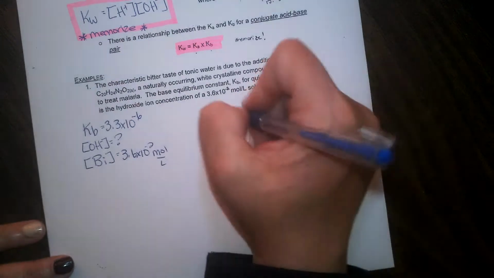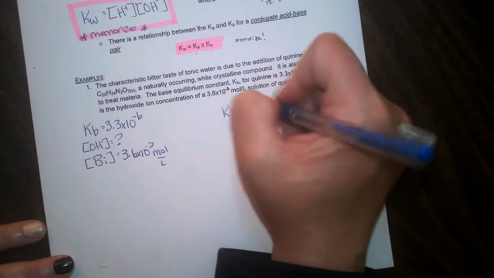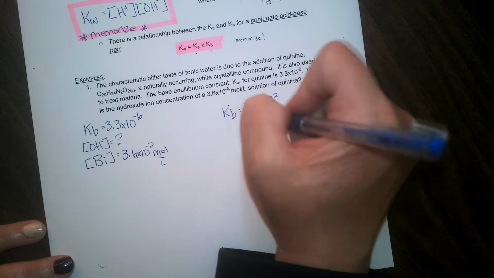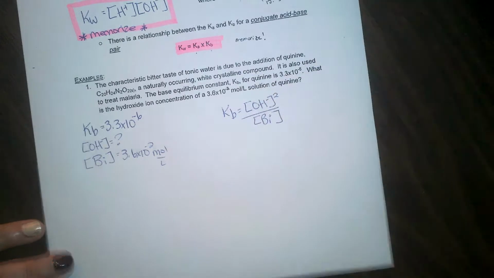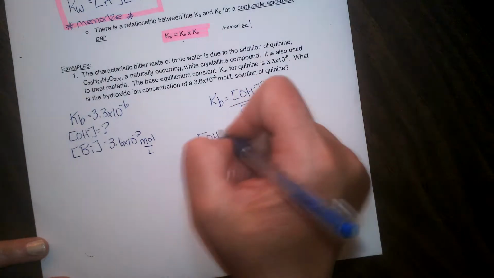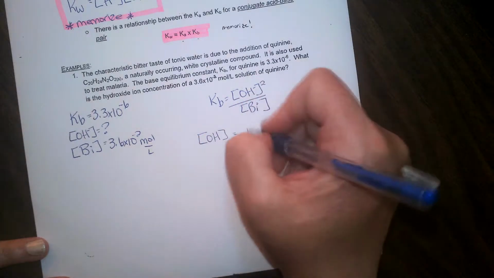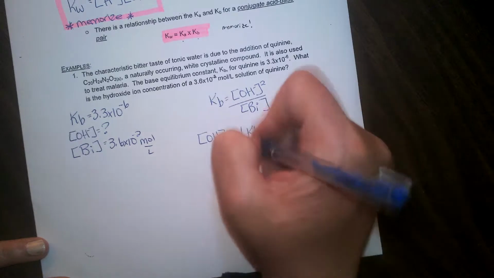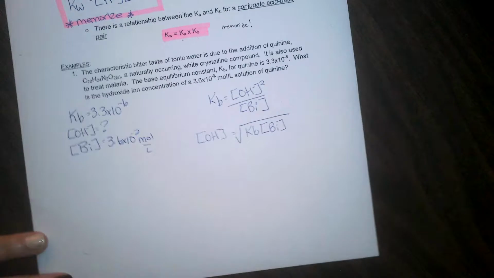Now, in order to find hydroxide concentration, this is what we know. So hydroxide concentration is going to be equal to Kb times Bi all square rooted.